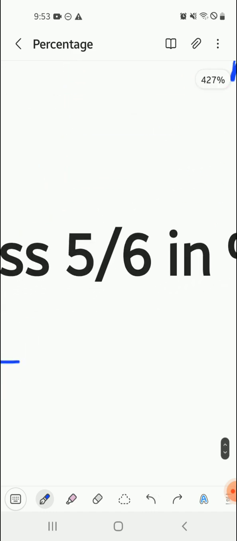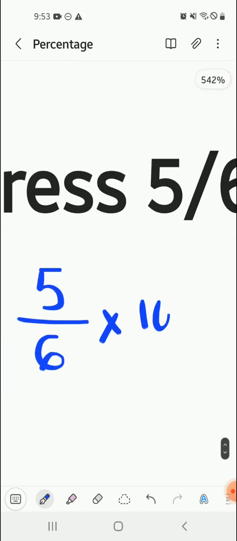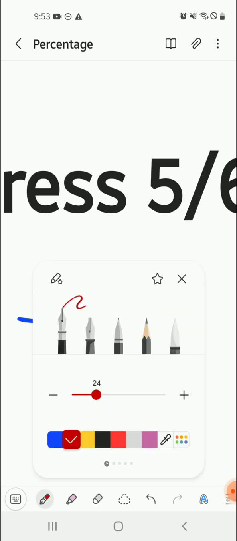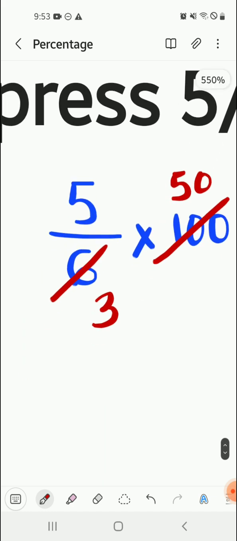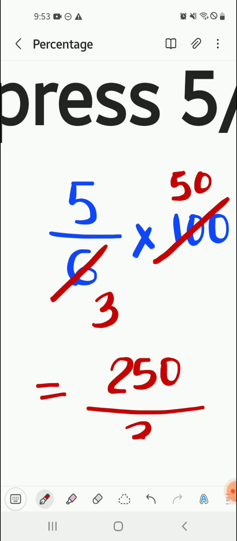So simply 5 by 6 into 100. Now we will cancel out as and when required, and 6 divided by 2 becomes 3, 100 divided by 2 becomes 50. It's not possible for us to divide it any longer, so it's 5 into 50, 250 by 3.